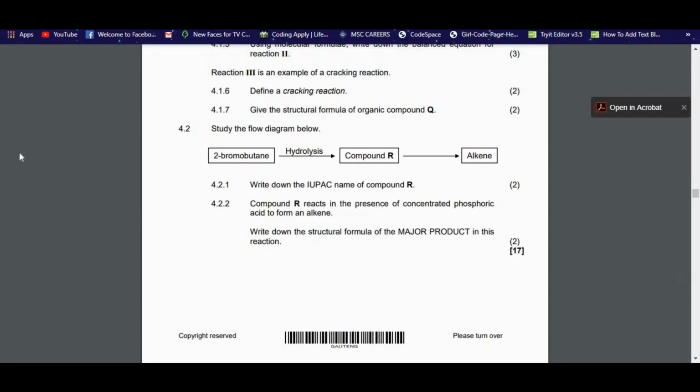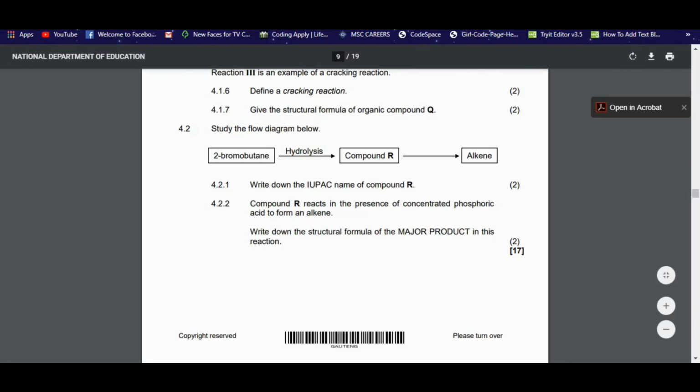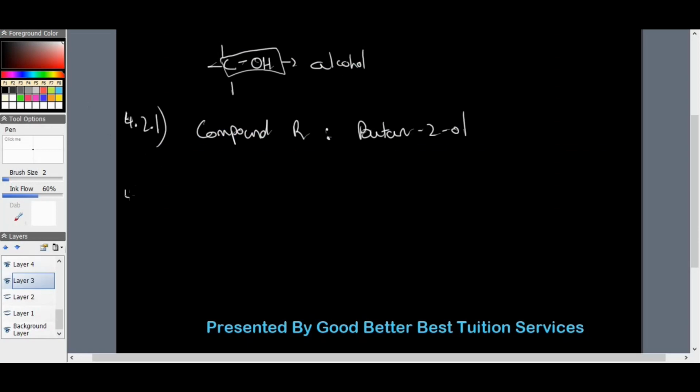4.2.2 says compound R reacts in the presence of concentrated phosphoric acid to form an alkene. Write down the structural formula of the major product in this reaction. As mentioned already, when we react anything with an acid, we usually get a salt plus water.